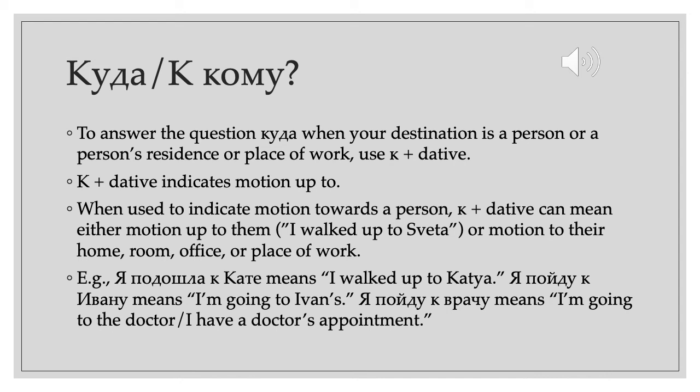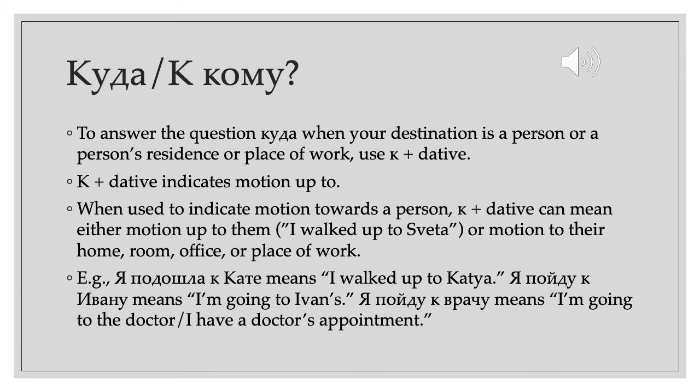So you can use к with a house or a building if you walk up to the outside, but you don't go inside. And again, of course, when you encounter a person, you're going to walk up to them, but you're not going to infiltrate their body unless you're some kind of a ghost or something like that. In which case you would use в, but normally in ordinary human interactions, we use к plus the dative.